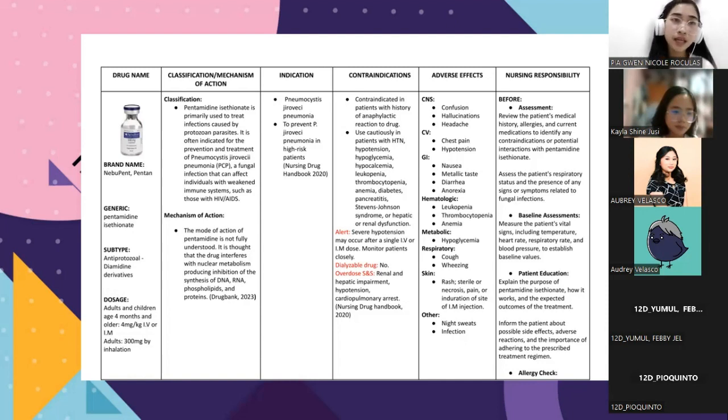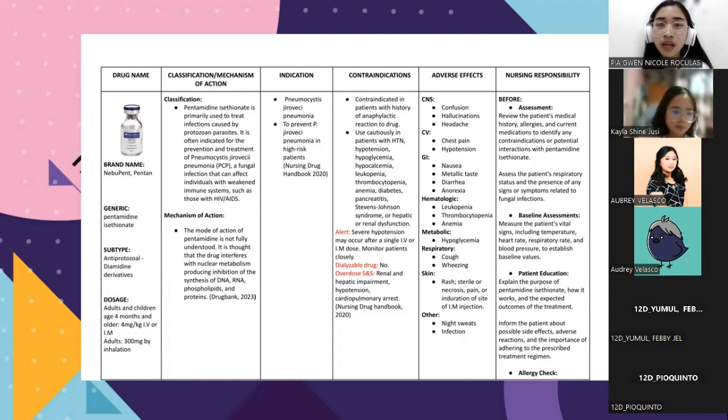So for the indication, so this medicine is used for pneumocystis jirovecii pneumonia to prevent P. jirovecii pneumonia in high-risk patients.